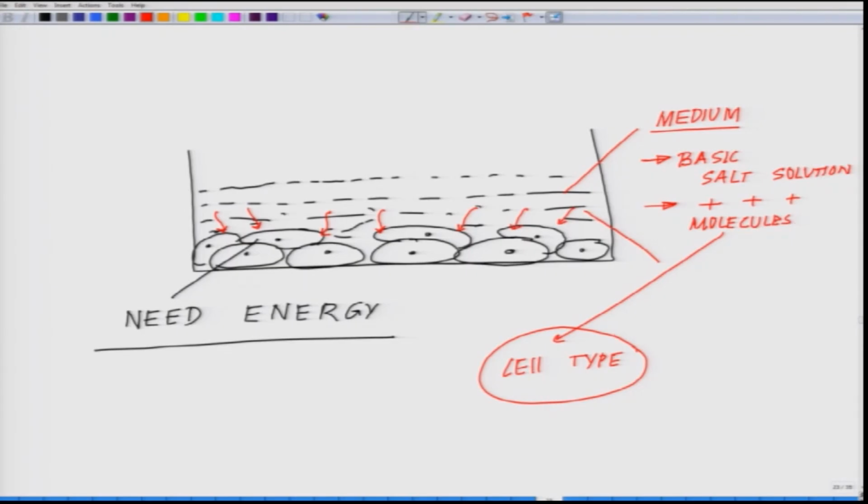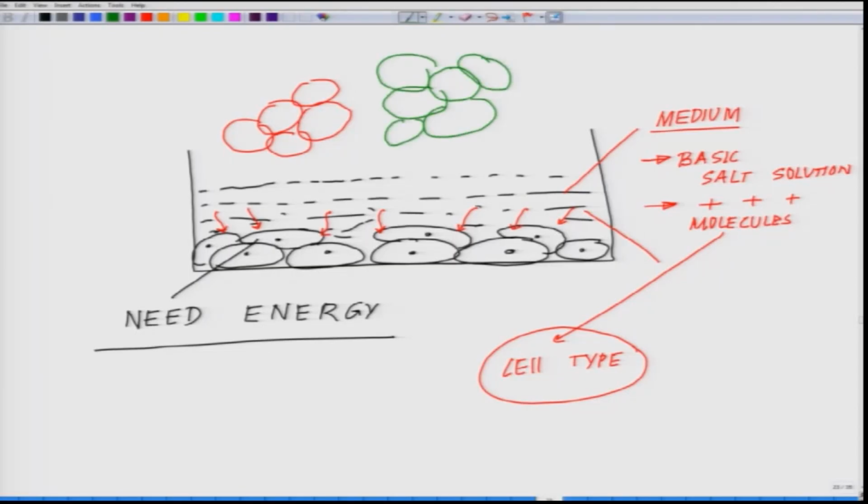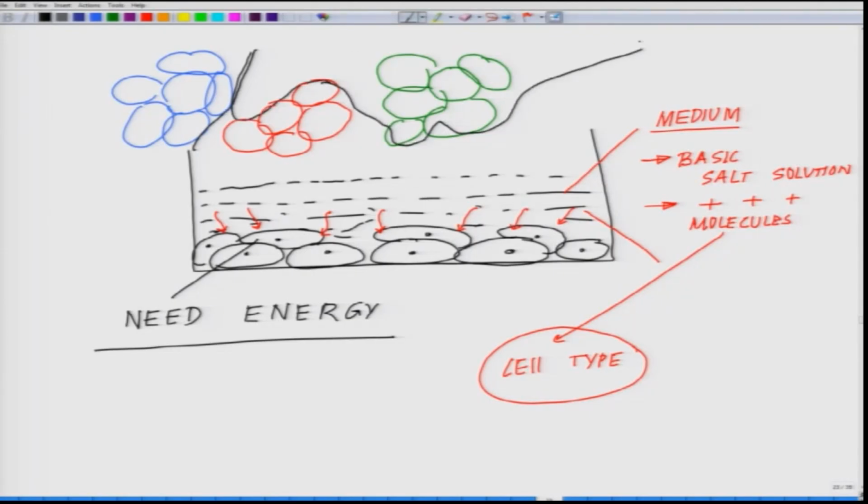Say for example, if you consider your body, just that old analogy I gave you, these are colonies of cells in your body, some are red, some are green, some are blue, like this, and a blood vessel is traveling like this, which is bringing the necessary nutrients out here.